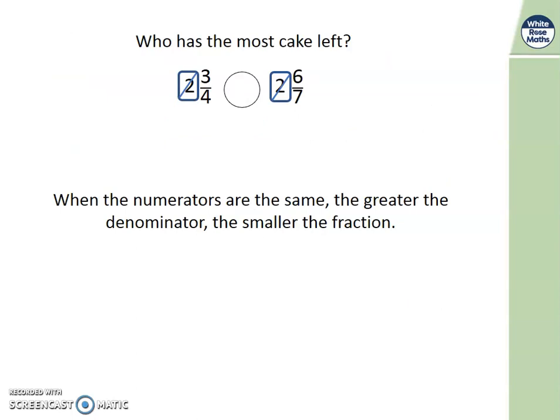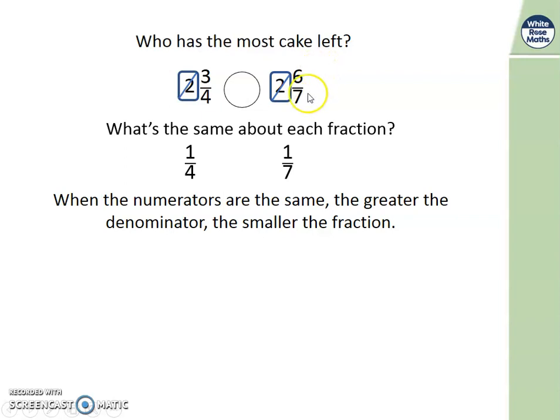There's another way we could look at this. Who's got the most cake left? What's the same about each fraction? Well, we can see that Rosie has still got 1/4 to get to 3 whole cakes, whereas Amir has 1/7 to get to 3 whole cakes.